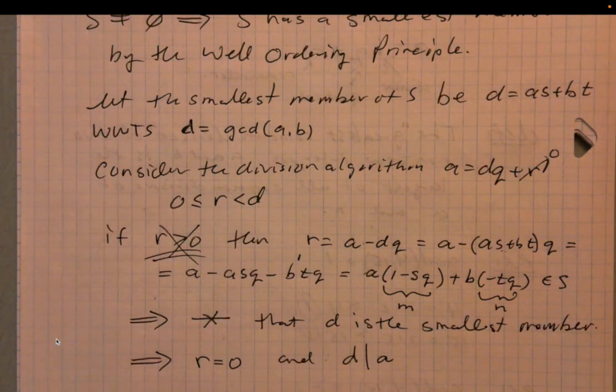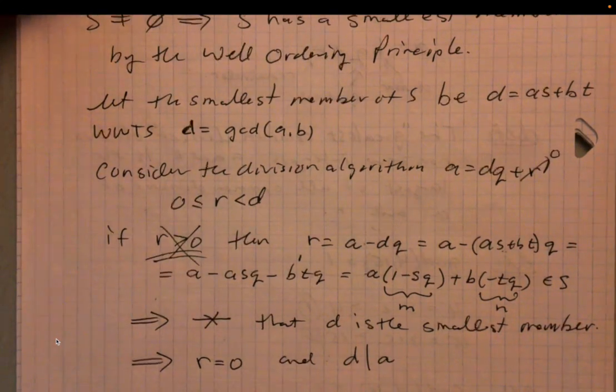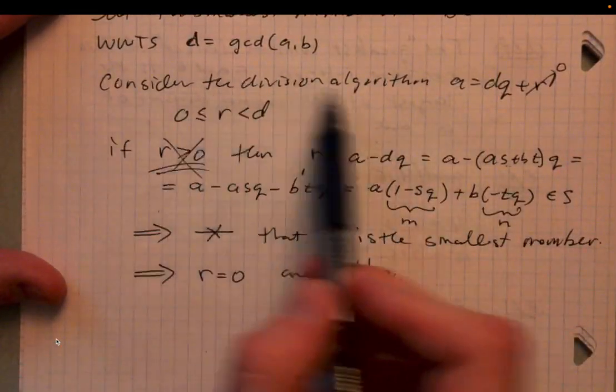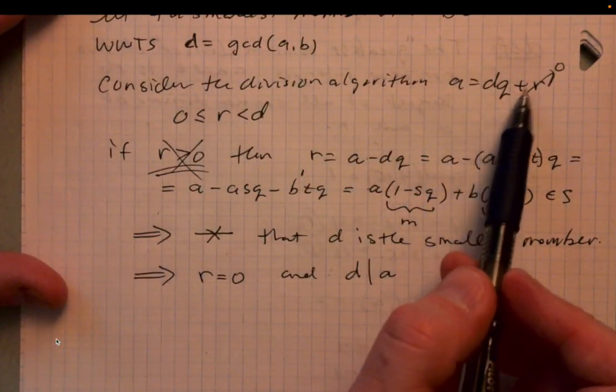Very good. So d divides a. Now the same thing can be done for b. We started with a, we considered the division algorithm, a equals dq plus r.